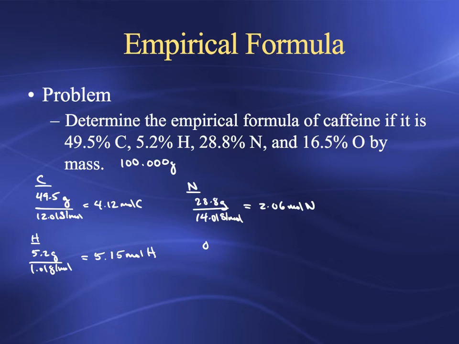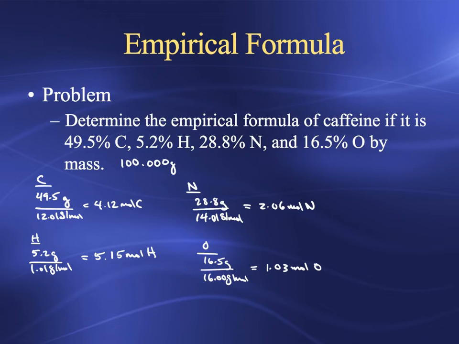And lastly here with oxygen, we've got 16.5 grams of it, divided by 16.00 grams per mole. Okay, that's going to be close to 1. 16.5 divided by 16, we have 1.03 moles of oxygen. Okay, so we've got all these converted into numbers of moles.